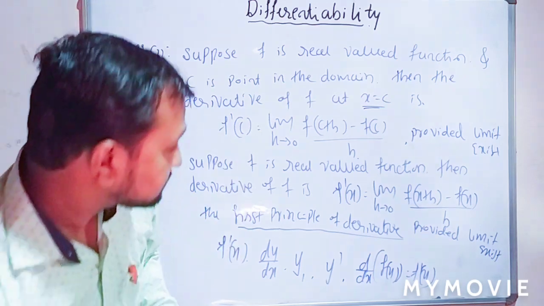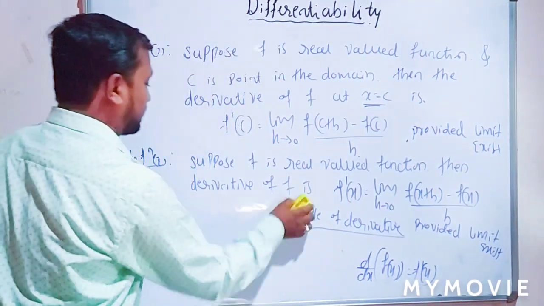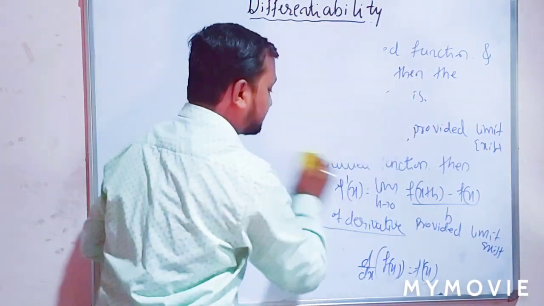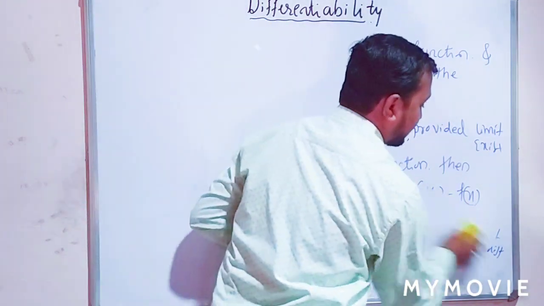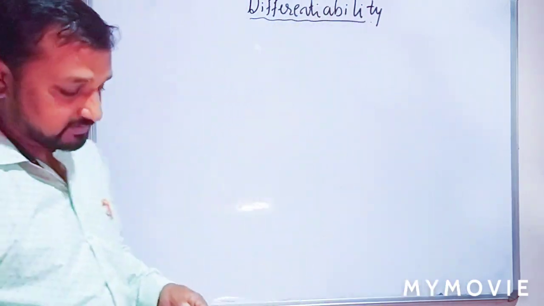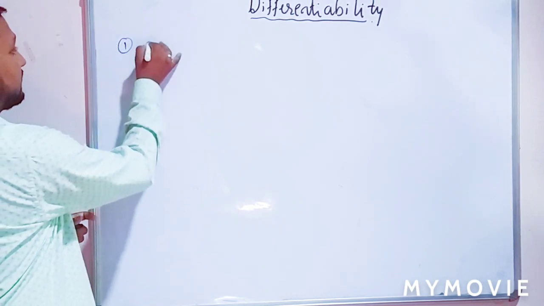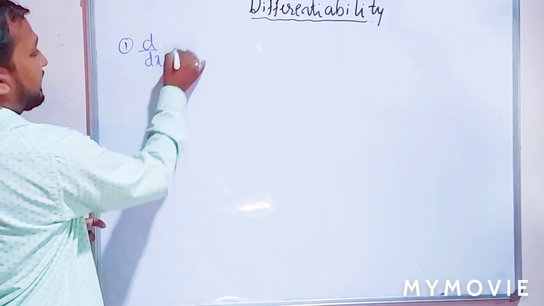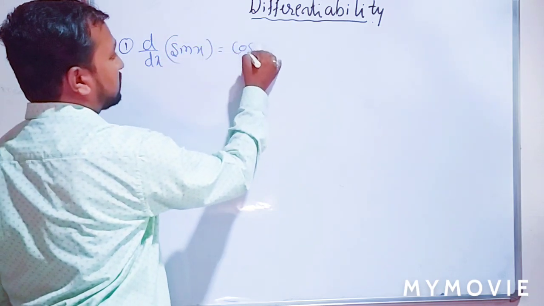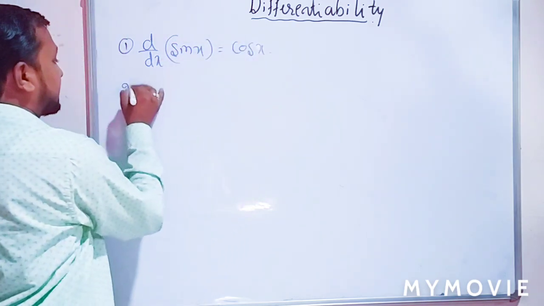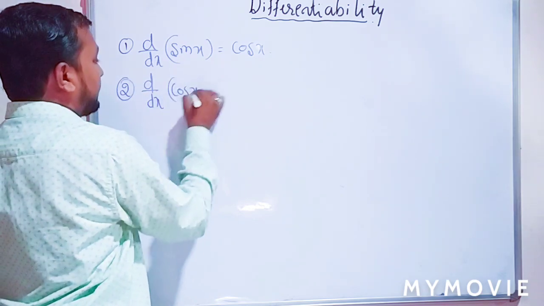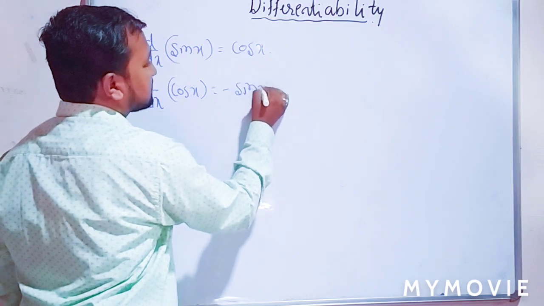Already we know some standard formulas you studied in first PUC. The first one: what is the derivative of sin x? d by dx of sin x is equal to cos x. The second one: d by dx of cos x is minus sin x.